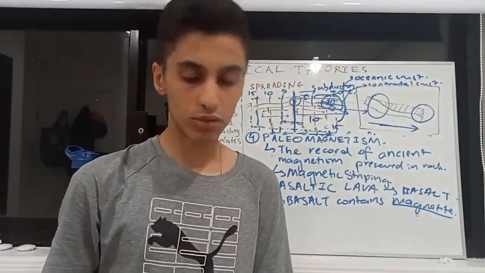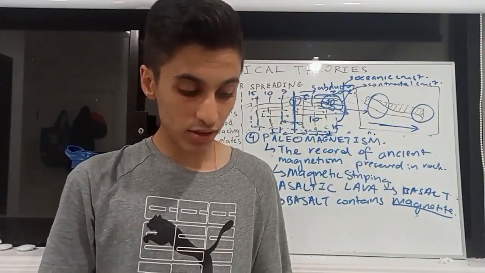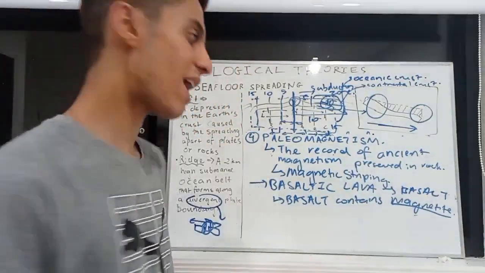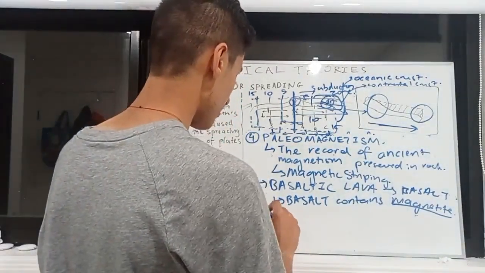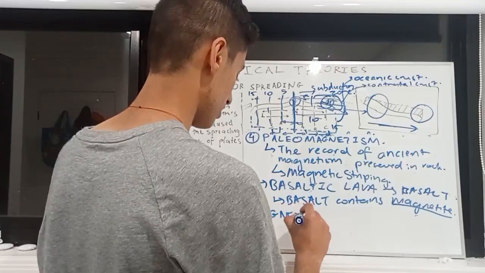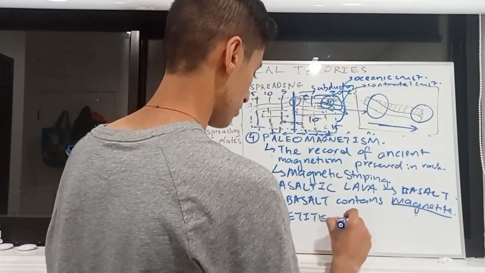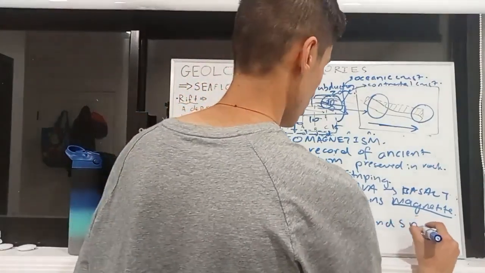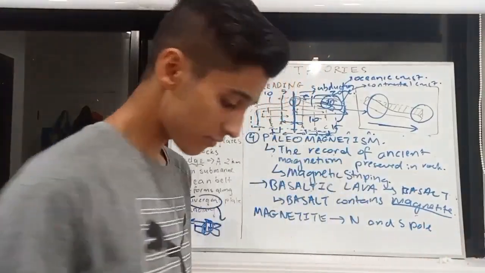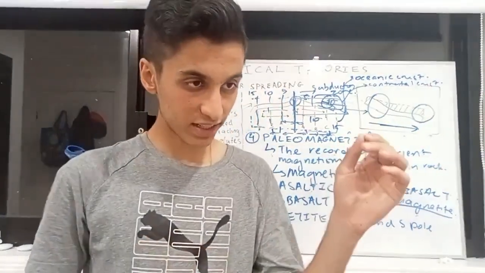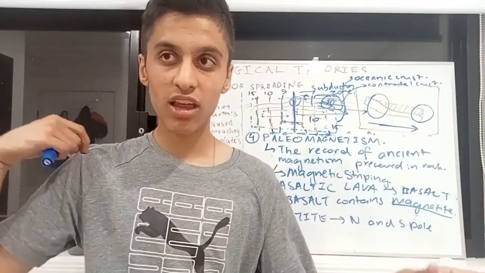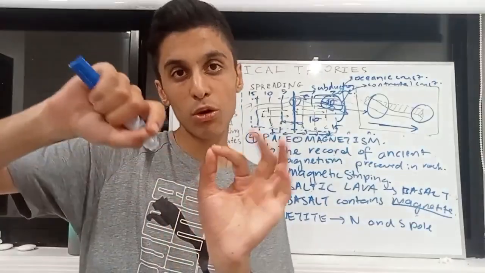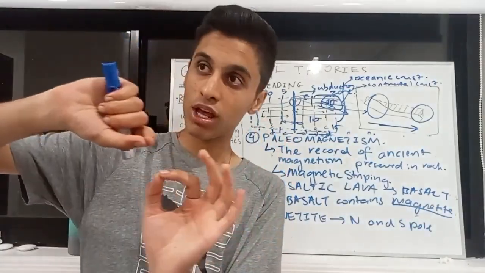Magnetite is just a metal, or like a form of a metal, and so it has a north-seeking pole and a south-seeking pole, similar to a magnet. So if I was to let off magnetite in the lava, in a fluid, it would arrange its north and south poles to align with the north and south poles of the Earth today.